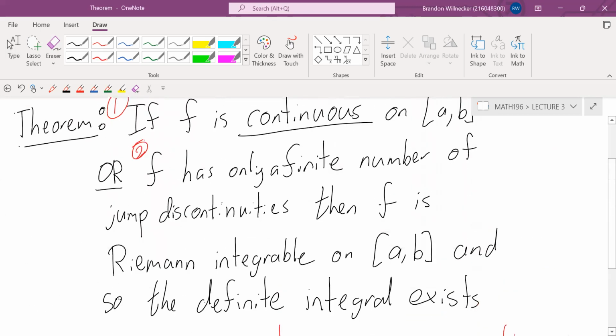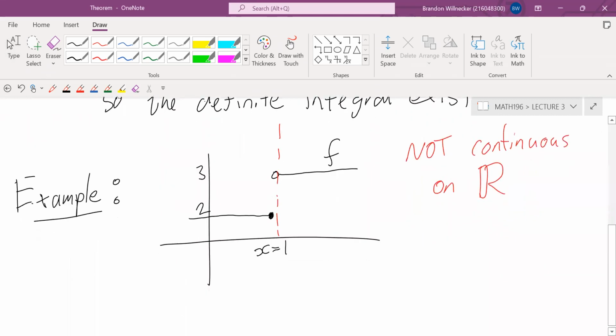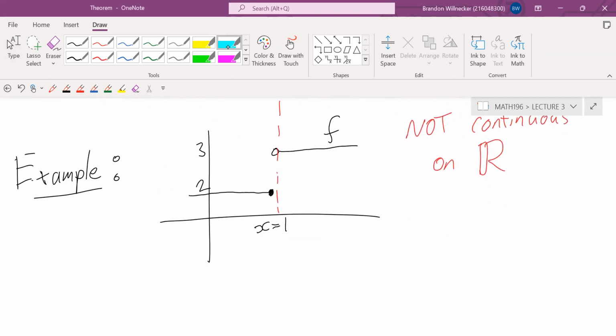Well, the theorem says that it's Riemann integrable. We trust the theorem, but also if we take a look at this picture, we can definitely find the area underneath this function. Let's highlight this area in here. Definitely has an area, we can calculate it, and so it is Riemann integrable.